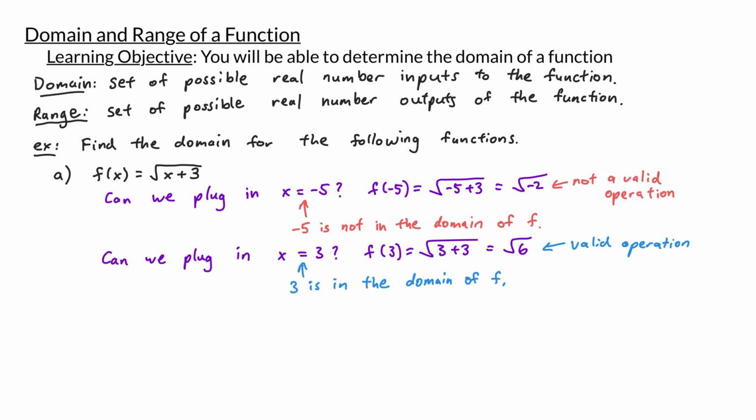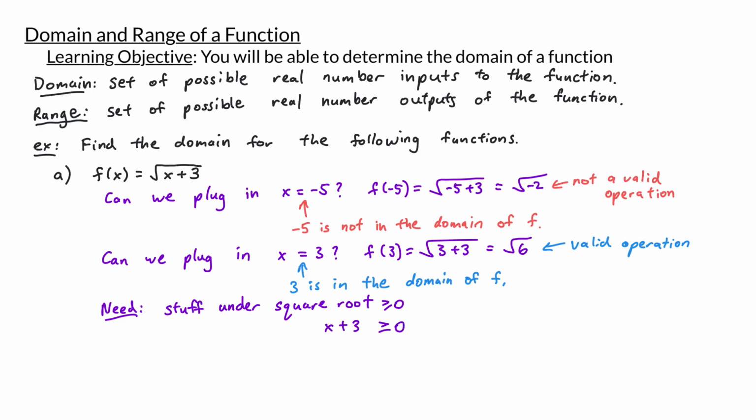Now, we don't want to just keep testing random numbers to see if we can perform the operations. To find the domain, we just need to make sure that we're not taking the square root of a negative number. What we need is that the stuff under the square root is greater than or equal to 0. For our function here, the stuff under the square root is x plus 3, and we want this greater than or equal to 0.